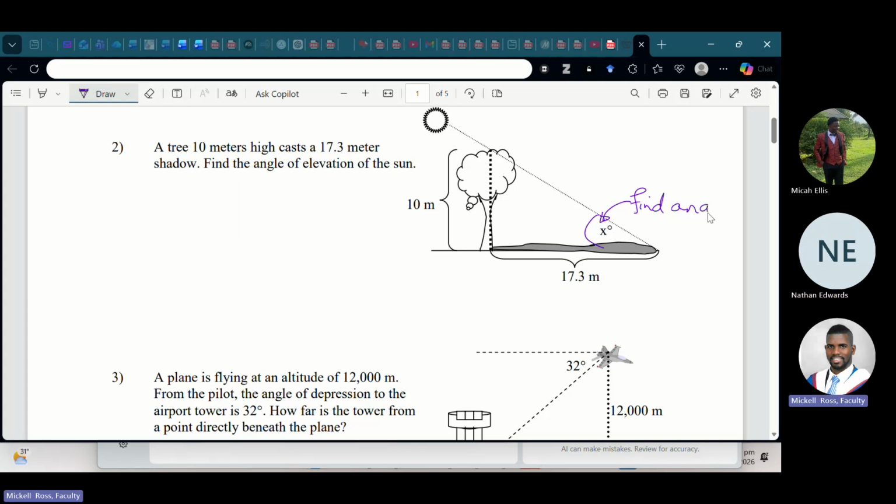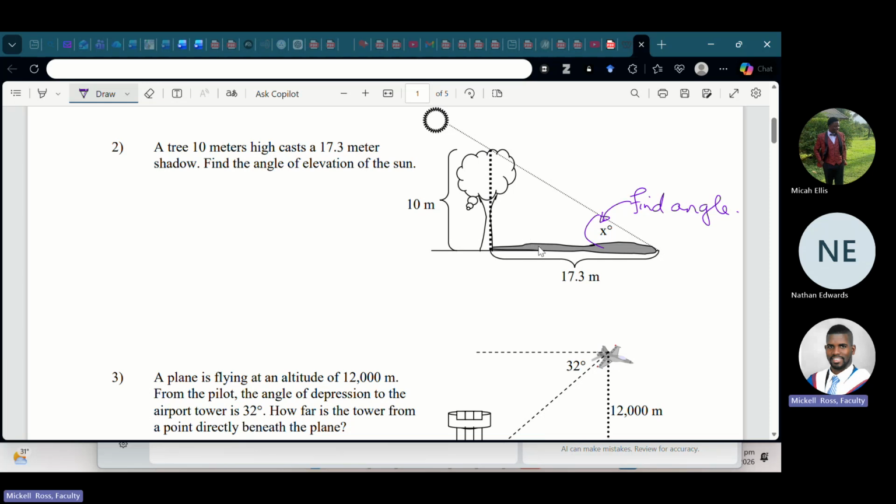So we want to find the angle, right? What we want to recognize is that the angle of elevation to the sun is x right here. We're told that the tree casts a shadow that is 17.3 meters long.